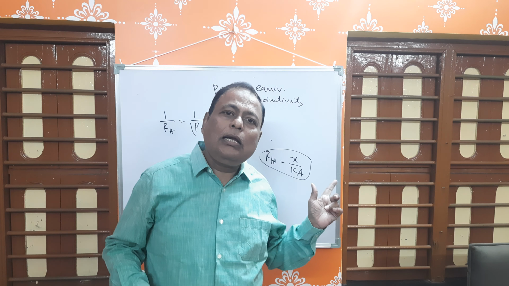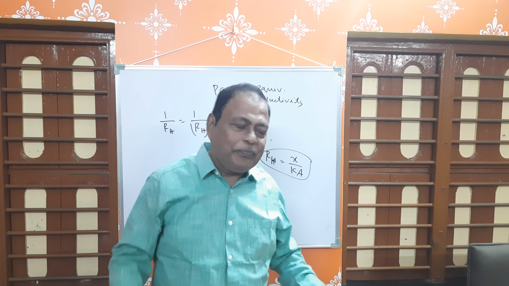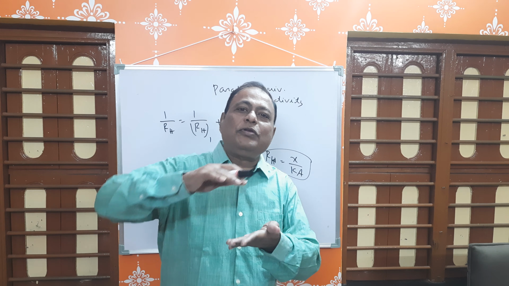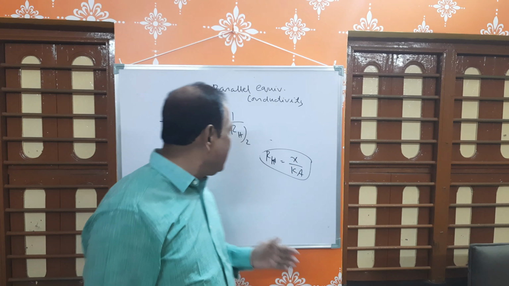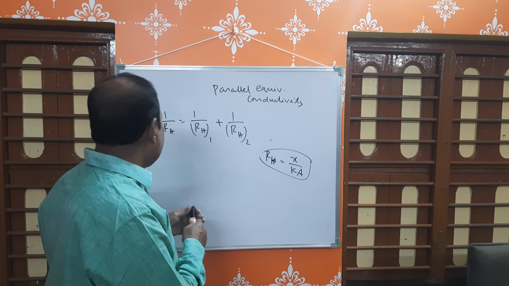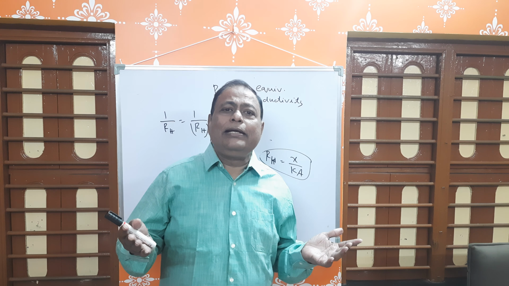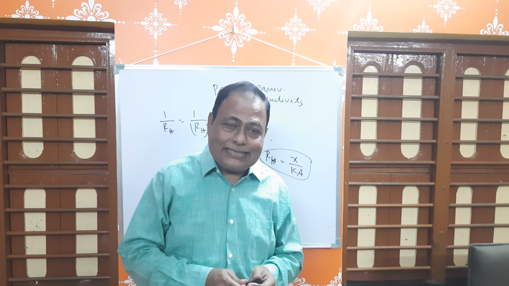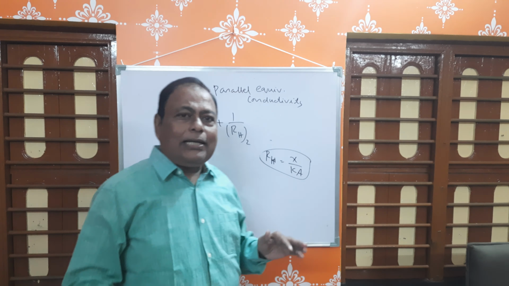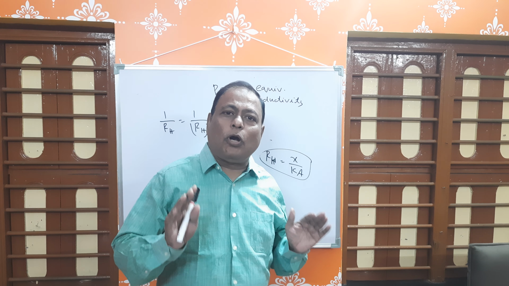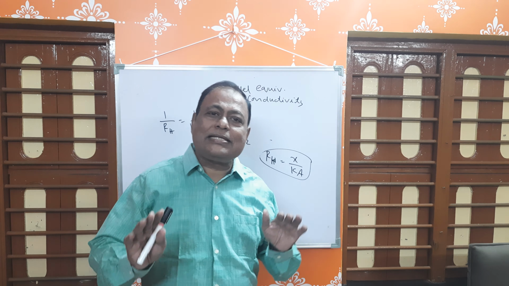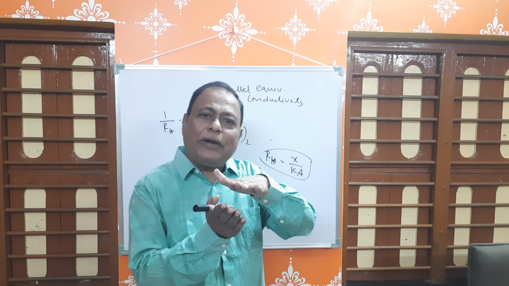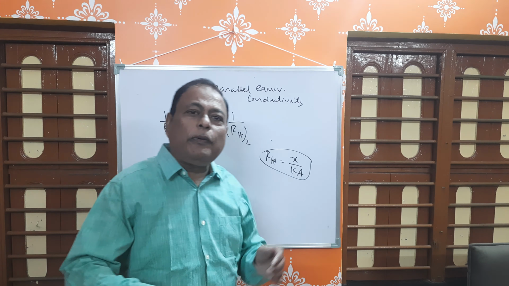RH1 is the thermal resistance of one rod, RH2 is the thermal resistance of the other rod, which are connected in parallel, and RH is the equivalent thermal resistance.